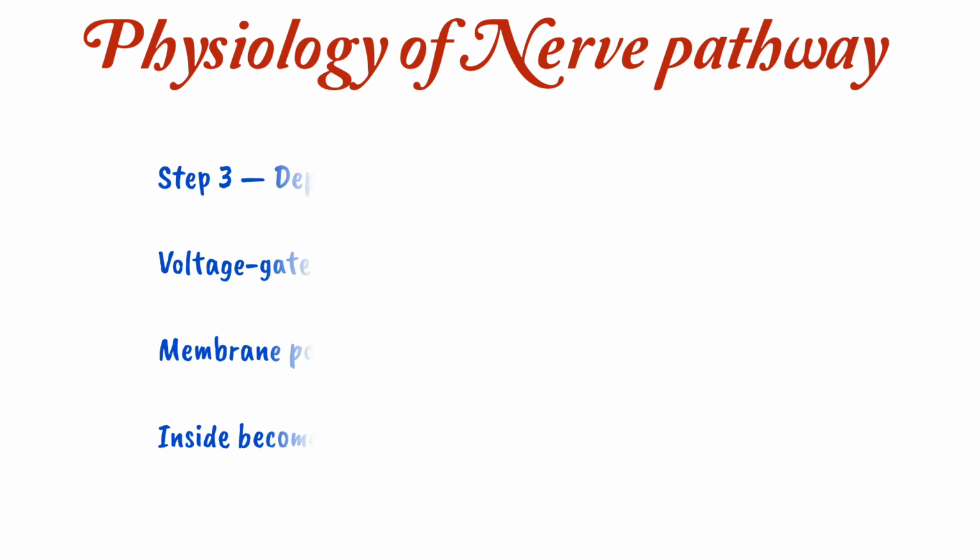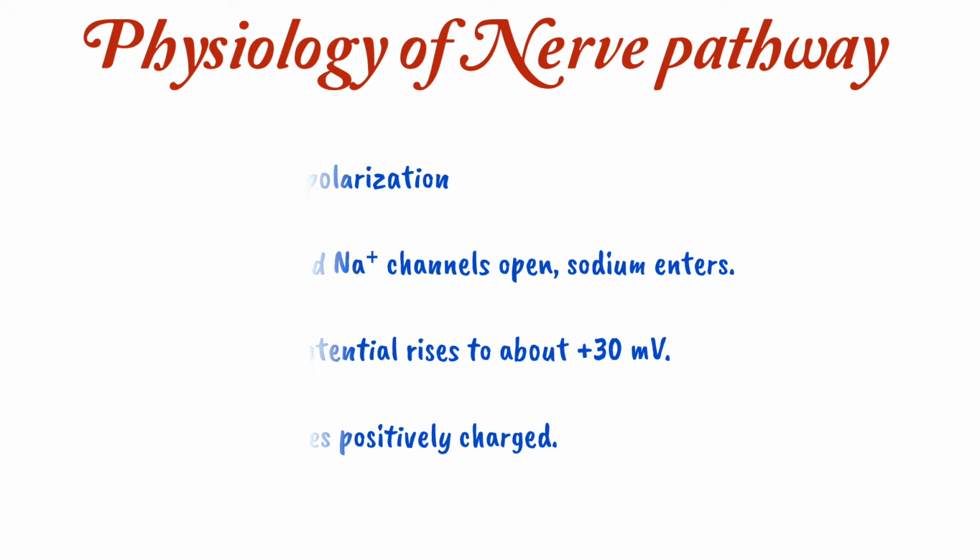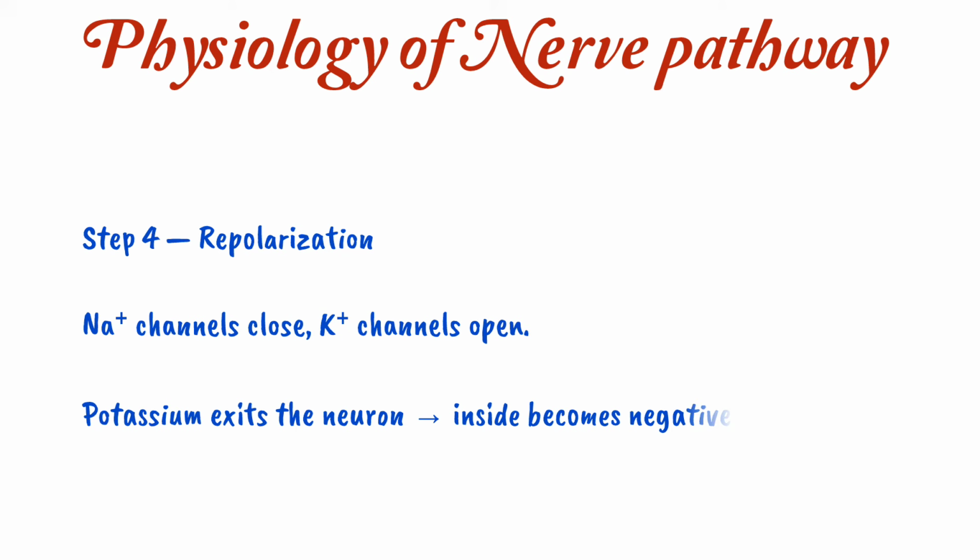Step 3. Depolarization. Voltage-gated sodium channels open, and sodium ions rush inside. The membrane potential spikes to around positive 30 millivolts. Step 4. Repolarization. When sodium channels close, potassium channels open. Potassium ions then flow out, restoring the negative charge inside.